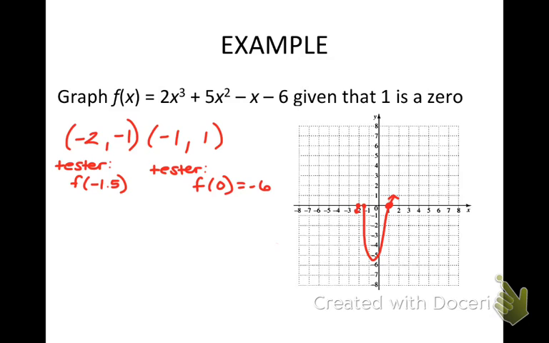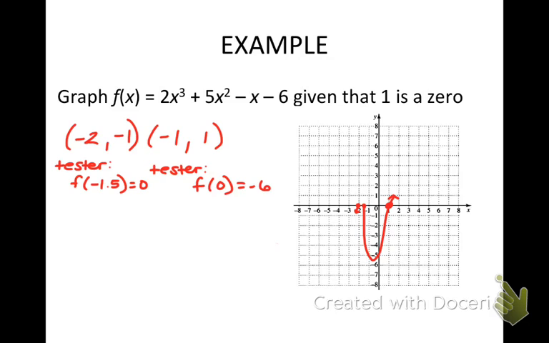Now let's test negative 1.5. I'm going to cheat and use my calculator here. 2 times negative 1.5 to the third power plus 5 times negative 1.5 squared minus negative 1.5 minus 6. I end up getting 0. Because it is a 0.